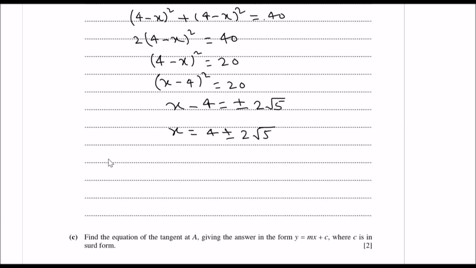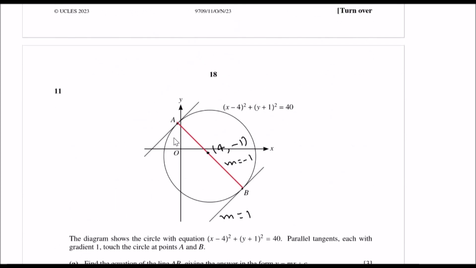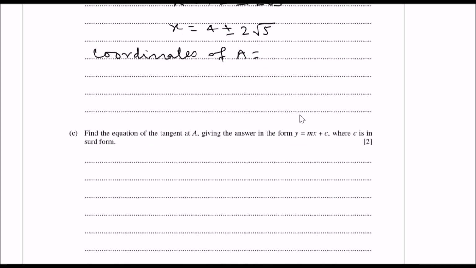So coordinates of A. You can see the position of A, and it should be negative. So whichever value out of plus minus gives us a negative value, we'll take that, and that obviously will be 4 minus 2 root 5.